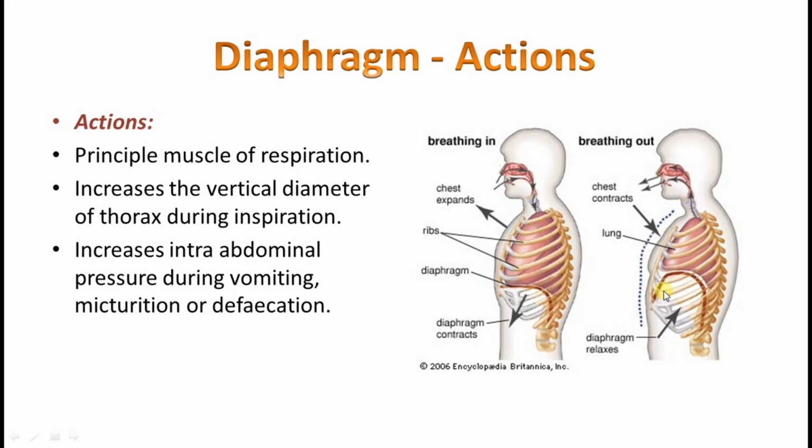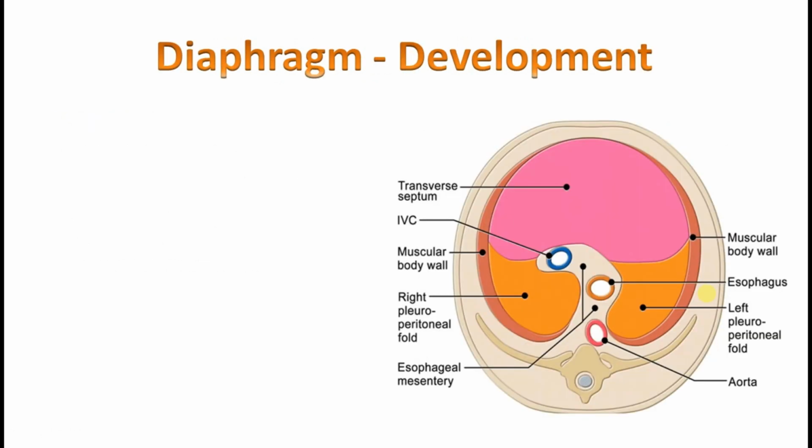So contents are actually bulged out, to your coils of intestine. So intra-abdominal pressure rises mainly during micturition, voiding of urine, defecation, or vomiting. That is about the principal action of the diaphragm.